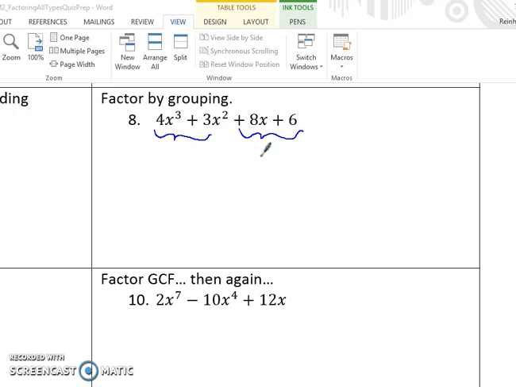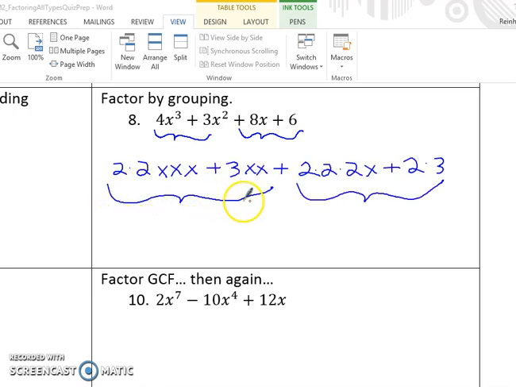So let me go ahead and start off by writing this with its prime factors. So I'm going to pull the greatest common factor out of the first group, and it looks like we have 2 x's that we can factor out. We will be left with a 4x plus 3.